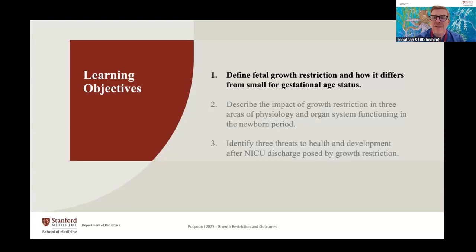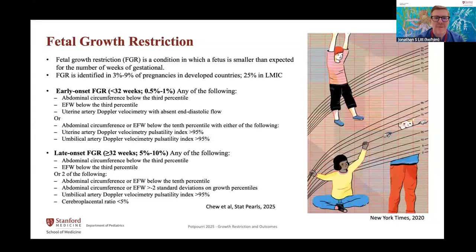So first, I will speak very briefly about defining fetal growth restriction, because you just had a wonderful and rather robust discussion about that. This is another set of guidelines, the international guidelines, which are, as Dr. Blumenfeld mentioned, rather complex and perhaps not applied universally.